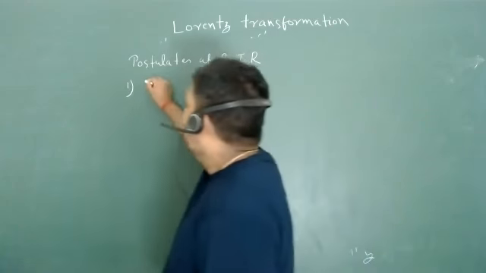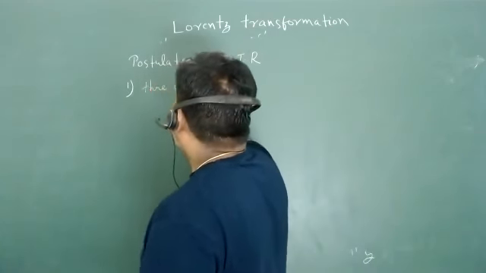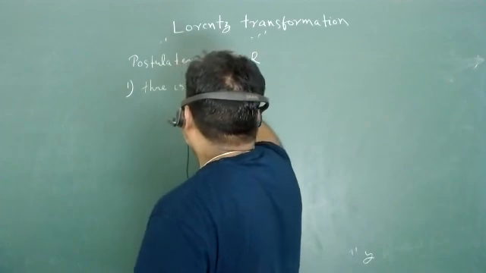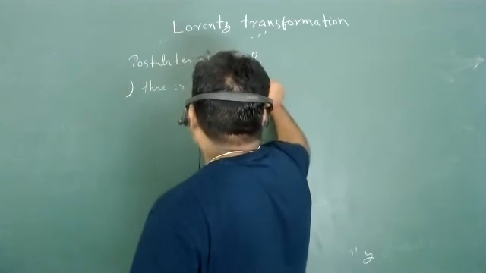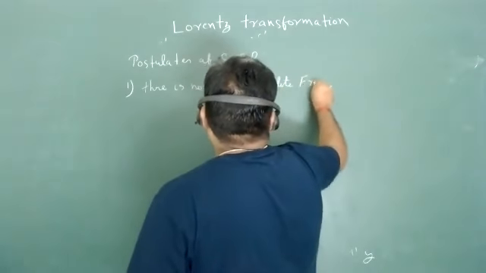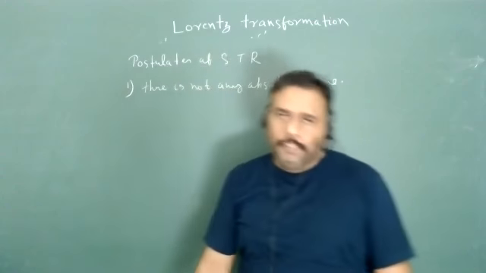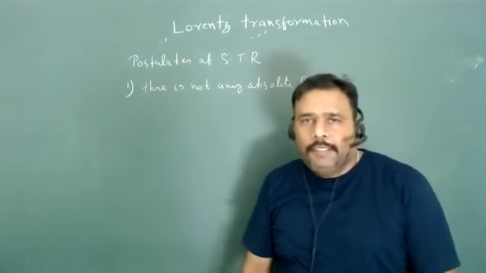That means there is not any absolute frame. What is the meaning of that?